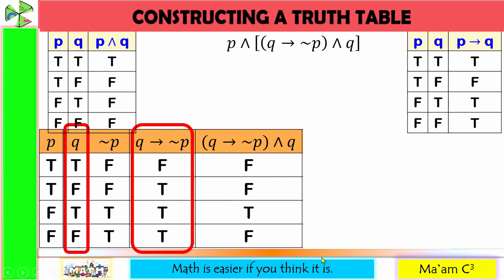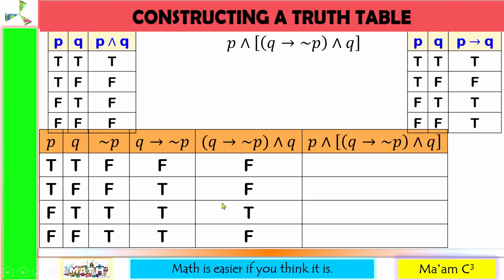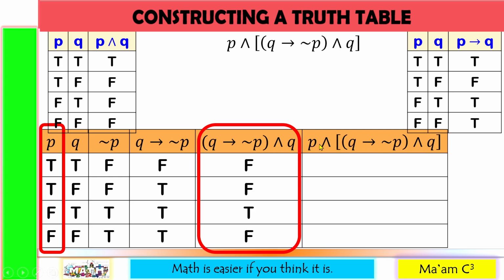Last one, we're going to create another column, and this time it's for the whole thing. We have P and Q implies not P and Q. This time we don't need Q, as well as Q implies not P. We need to focus our eyes on P and our answer for this whole group here, which is the last column that we determined. So this is conjunction. This is the same table that we are going to use. So it is only true if both propositions are true.